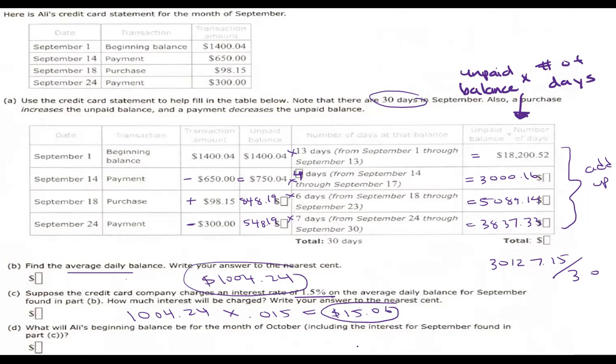All right, and then part D says, what will Ali's beginning balance be for the month of October? Go ahead and write that down. What do you think?